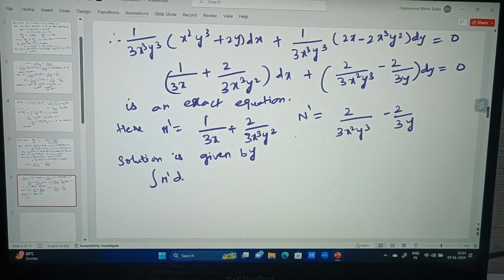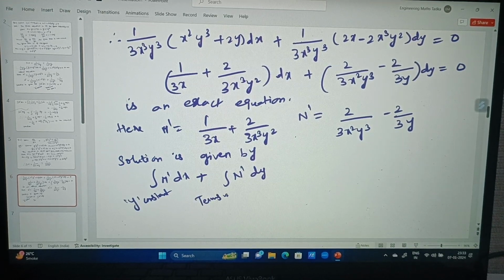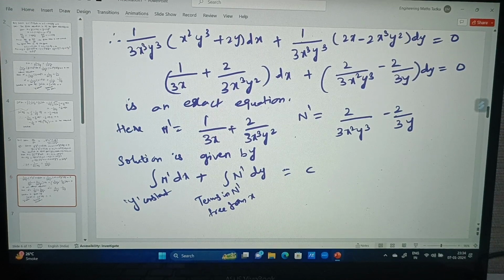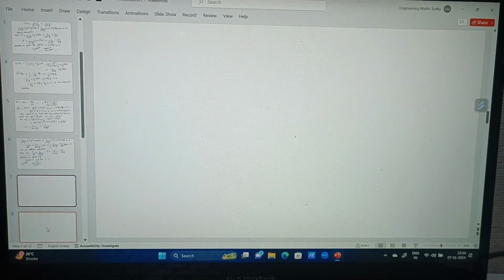Integral M dash dx treating y as constant plus integral of those terms in N dash which are free from x, dy, is equal to c. Okay, so let us find out the values.